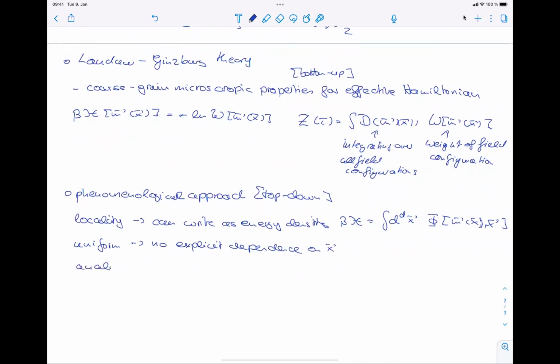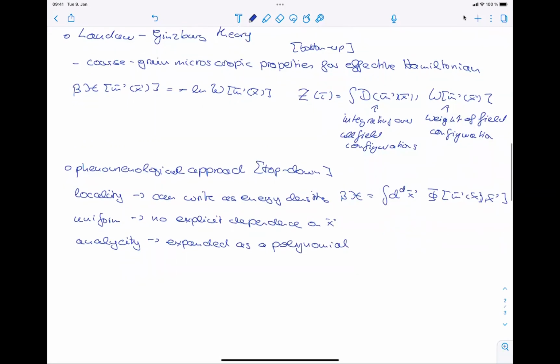We had the concept of analyticity, which tells us that this effective Hamiltonian can be expanded, say, as an analytic function, which we can always approximate as a polynomial. And last, we started out looking at the symmetry of a system. Say we have rotational symmetry.